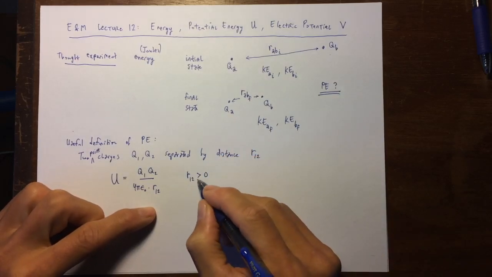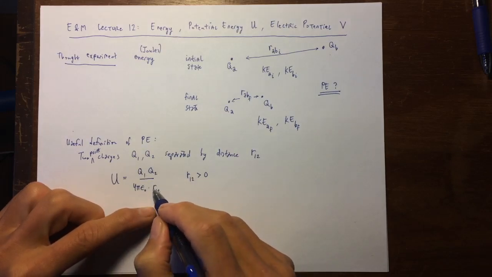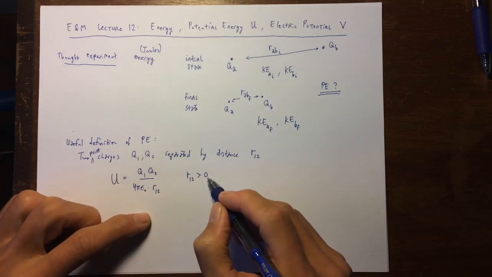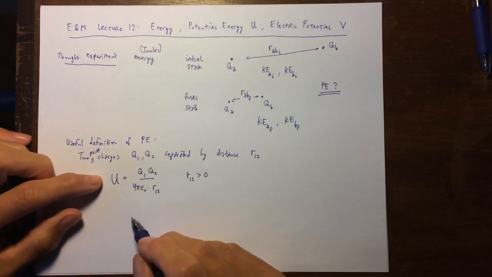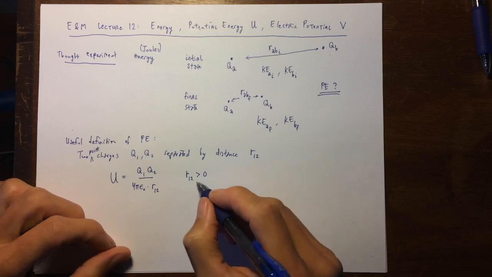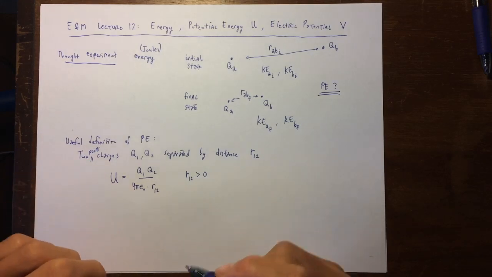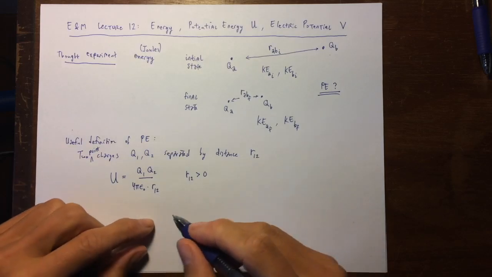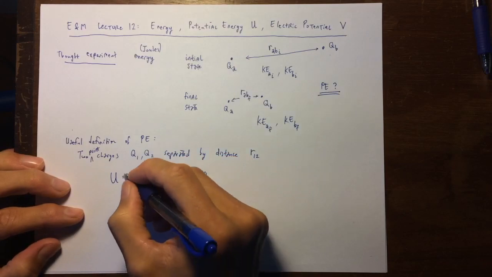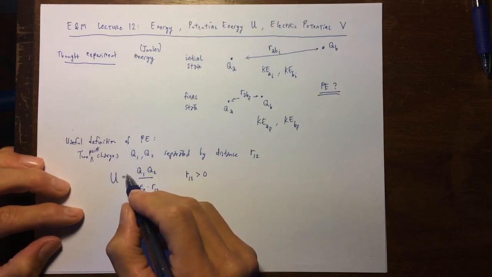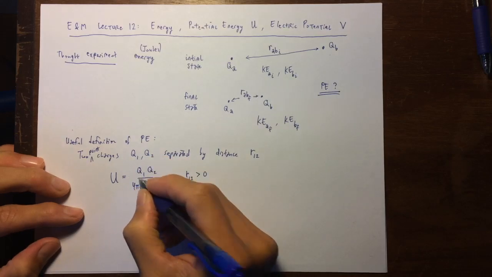I mean, you could consider putting the equal sign there too, but that just means that Q1 and Q2 are directly on top of each other. And if you divide by 0, then what you're going to get is an infinite energy. So it tends to be just written as R1,2 is just bigger than 0. Okay, and another thing is, there is an implicit positive symbol out here. So maybe I'll just leave it alone.